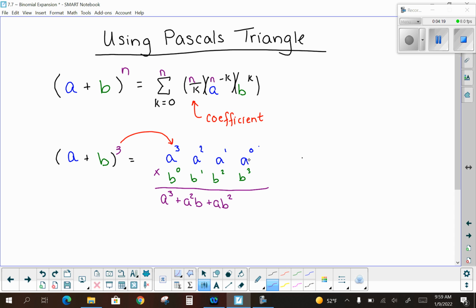And a to the 0 is 1, so my final term here is going to be b to the 3rd power. So this is how I get my terms to line up. All I need to do is go back now and insert coefficients in front of each of these. And that's how we're going to use Pascal's triangle to figure out these coefficients.